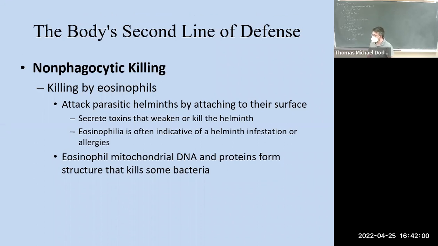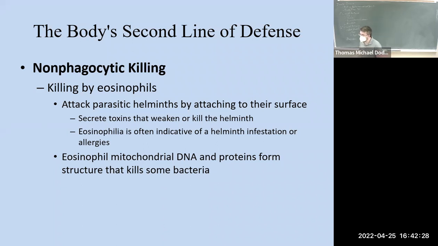Okay, now there are some ways that you can kill with non-phagocytosis. Eosinophils actually attach to the parasite and then they secrete toxins. There's mitochondrial DNA and different proteins that are part of this killing, but basically I just want you to know there are other ways besides phagocytosis.